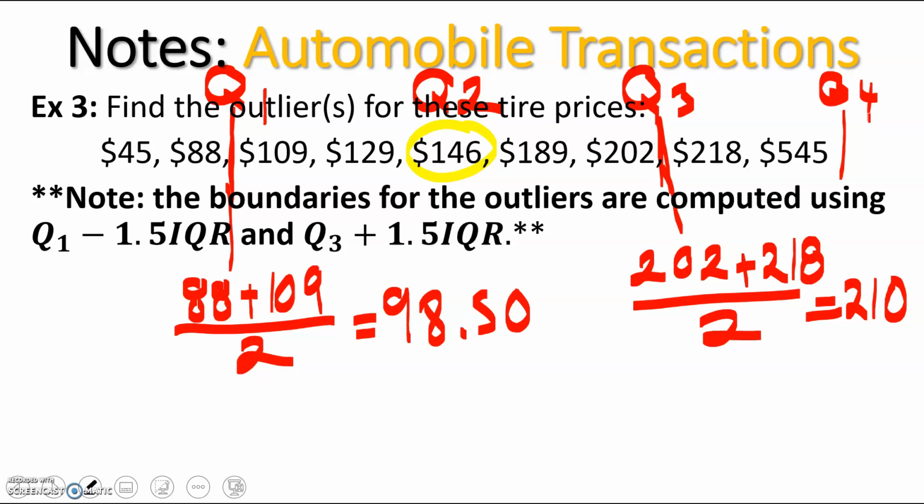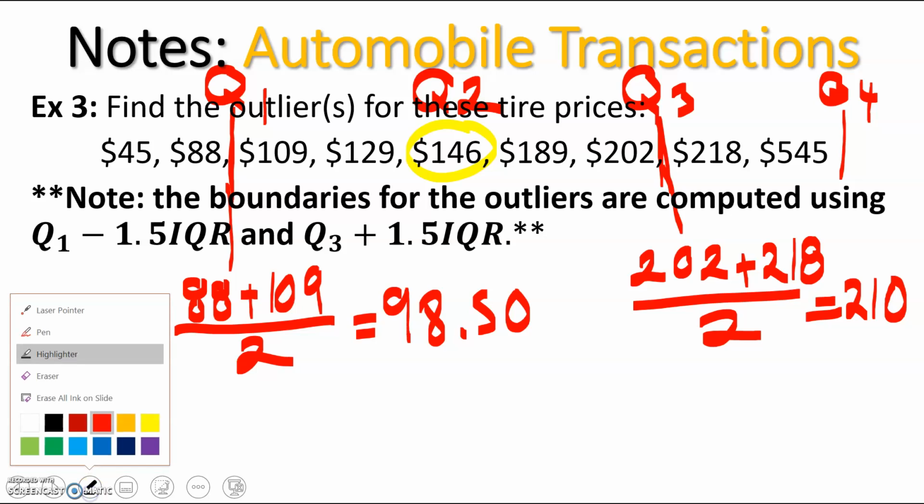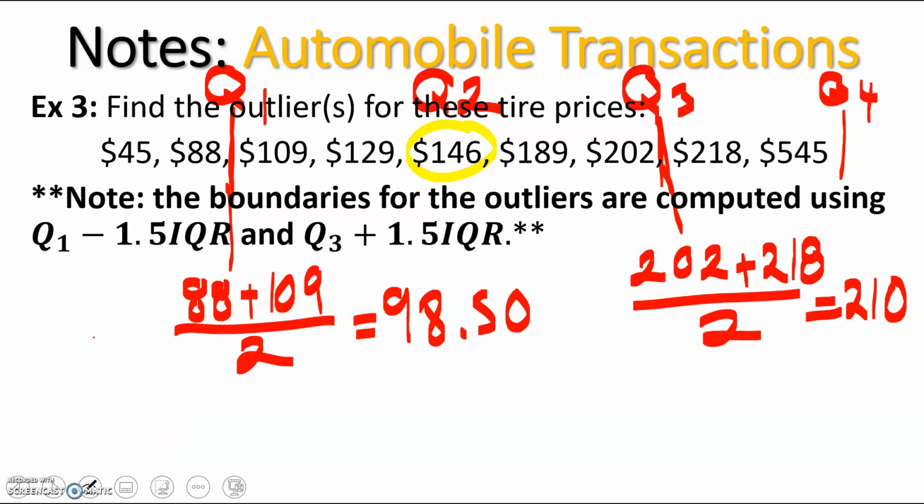So what we're going to do here is determine what those bounds are, that minimum and that maximum that is considered allowable within this data set. So let's start with our lower bound, okay? For our lower bound, that's going to be given by Q1 minus 1.5 times our IQR.